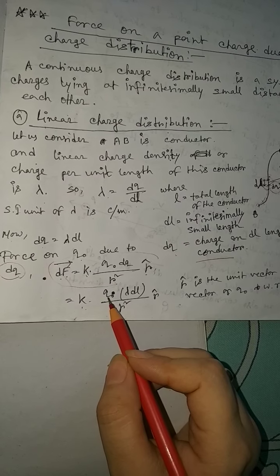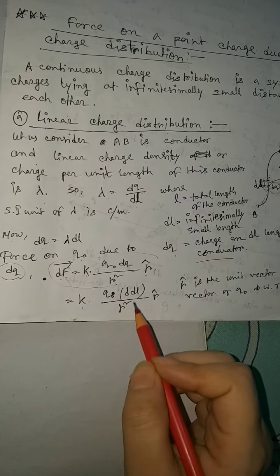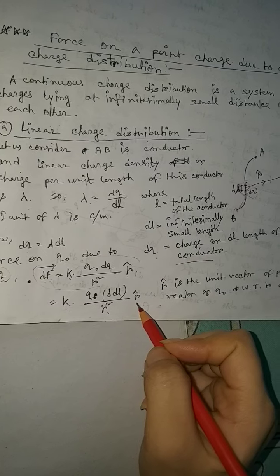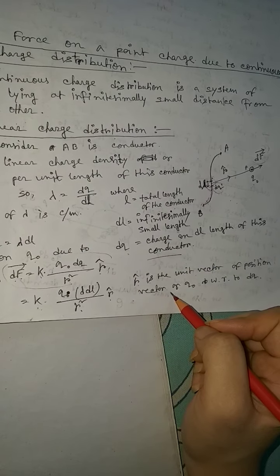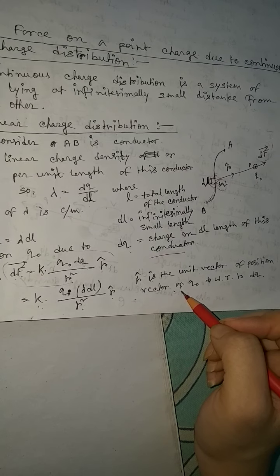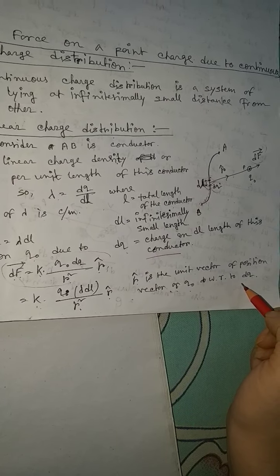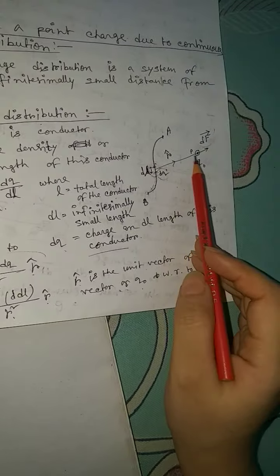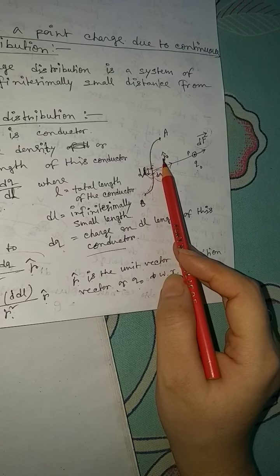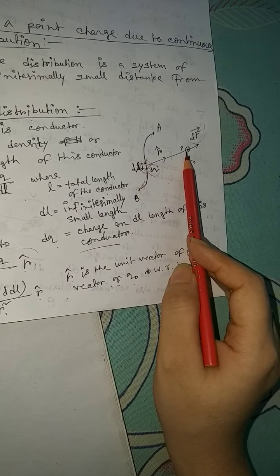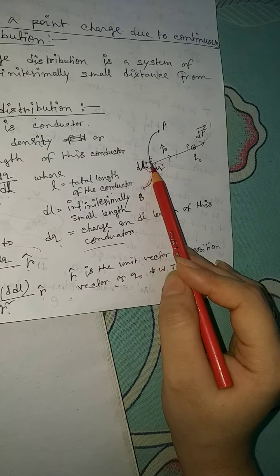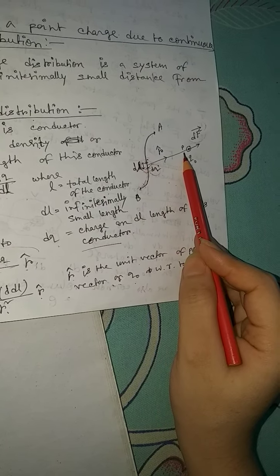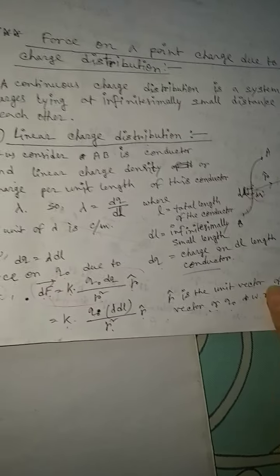So dF equals k q naught lambda dl by r square into r cap, where r cap is the unit vector of position vector of q naught with respect to dq, right? That's why the direction is along this side, that means from reference point to that point.